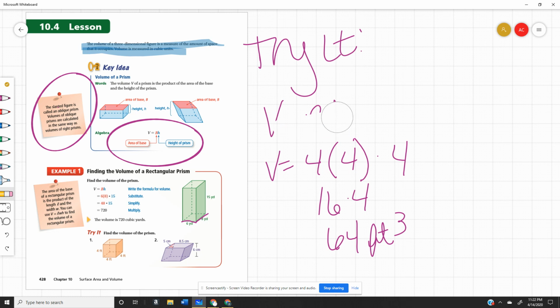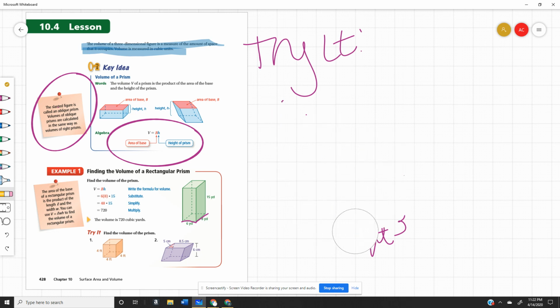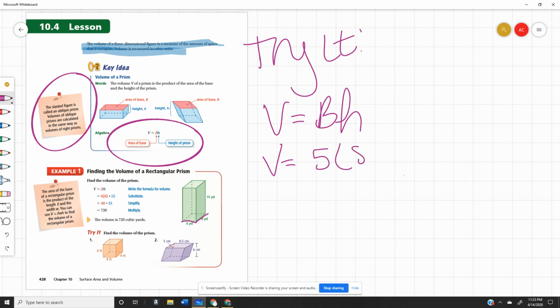Now let's look at try-it 2. We have an oblique prism, but it's calculated the exact same way. So volume equals area of the base times height. In this one, volume equals 5 times 8.5, which is going to give me the area of my base.